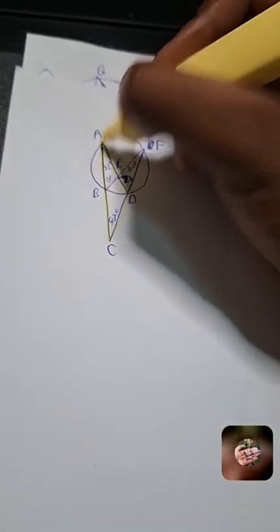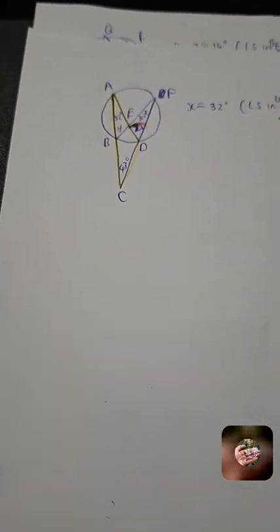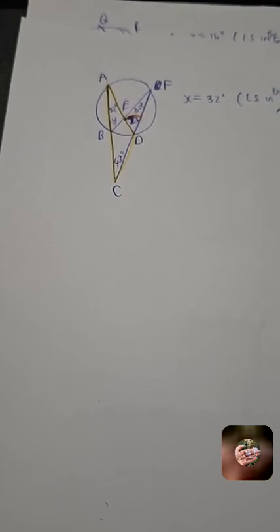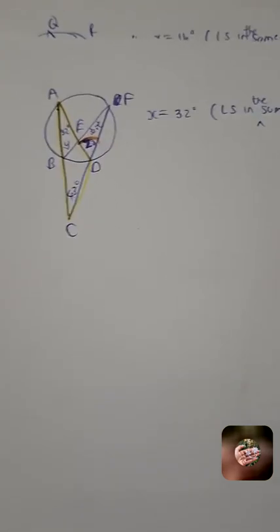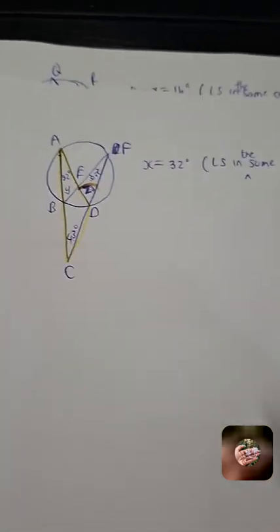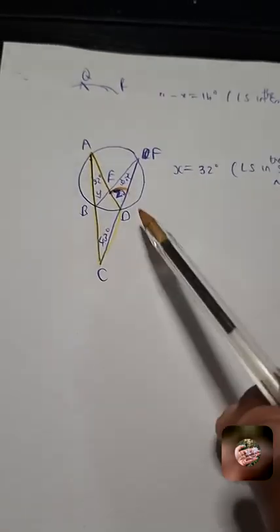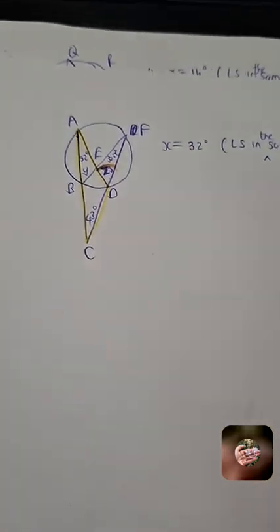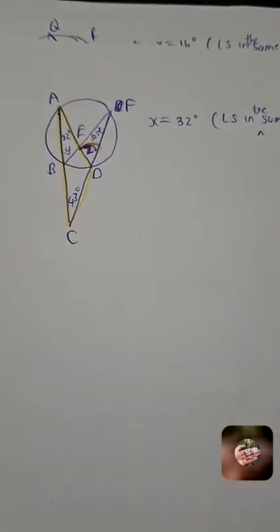Let's trace that out. This triangle has an exterior angle, which is Z. It's always nice when you can identify it. Now imagine if someone has forgotten the theorem that an exterior angle is equal to the sum of the interior opposite angles.